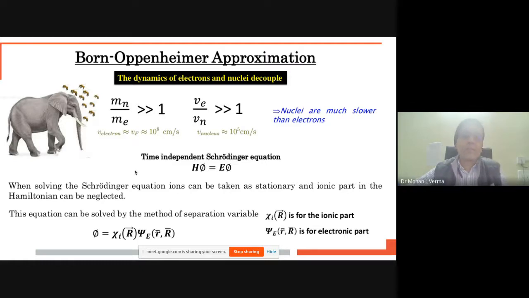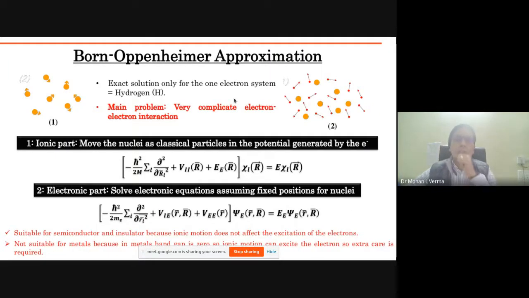In order to understand density functional theory, the prerequisite is that the student must have basic knowledge of quantum theory, the Schrodinger equation, etc. Then this BO approximation is good for exact solutions only for a one-electron system, for example hydrogen. But when many-electron systems or many-body systems are used, there is also some problem.